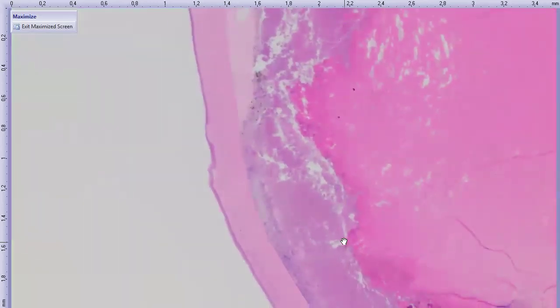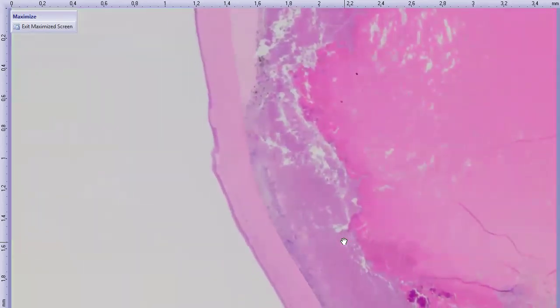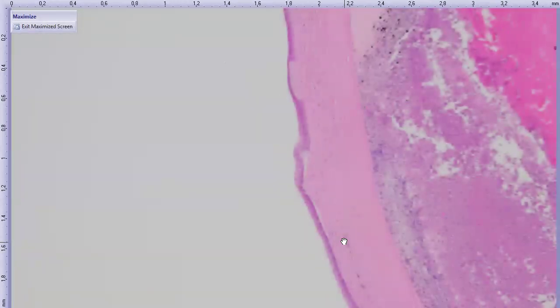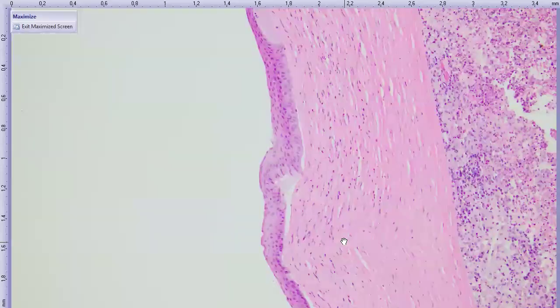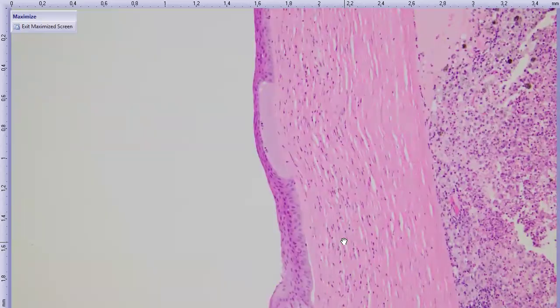All right. So I'm going to start up at the cornea first, which is here. Get it in focus for you. So actually, there was a little bit of separation of our epithelium from the corneal stroma, and it had this eosinophilic material underneath it.